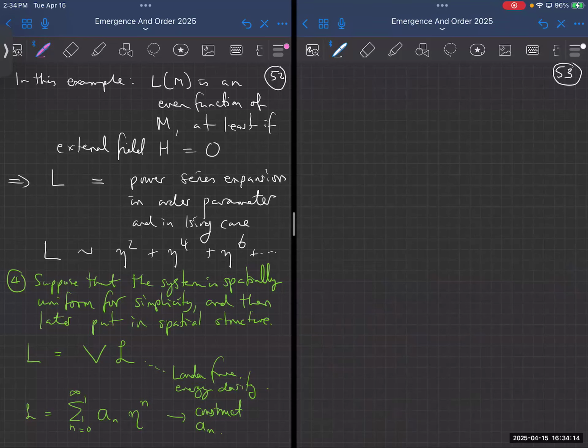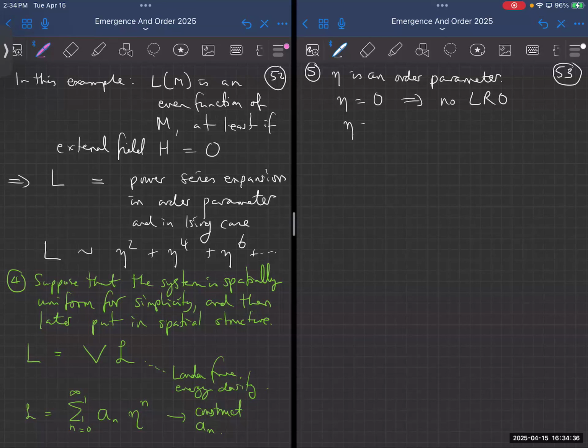So the next piece of information that we need is that eta is an order parameter. So it's a quantity that tells us whether or not the system is ordered. If eta equals 0, that implies there is no long-range order in the system.